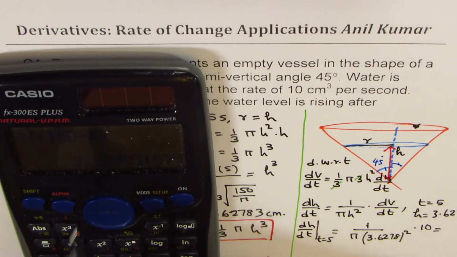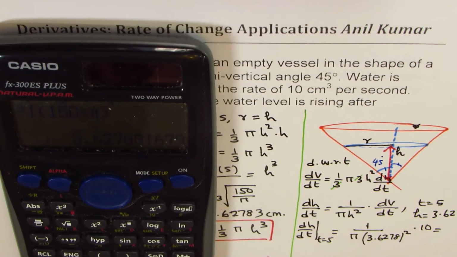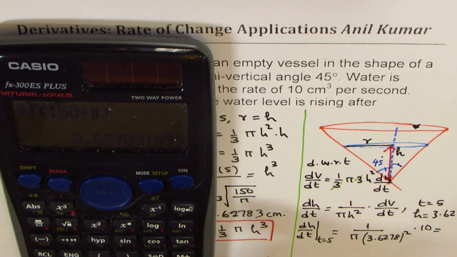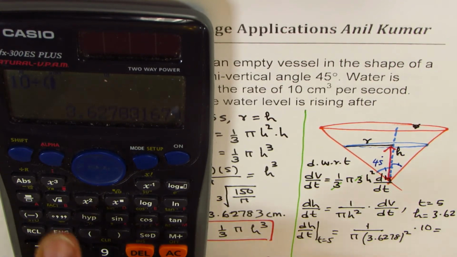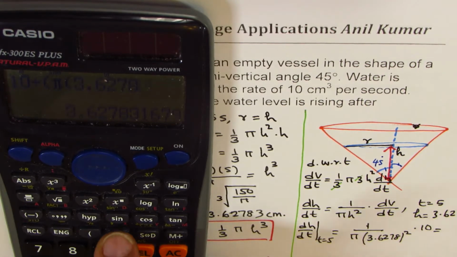We already have this number here, so let's square it. Let's redo it: 10 divided by, within brackets, pi times, within brackets, 3.6278 whole squared.